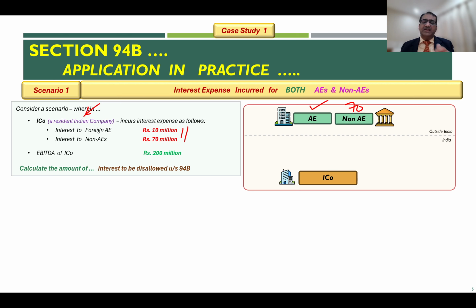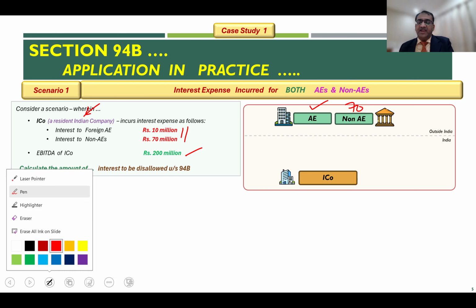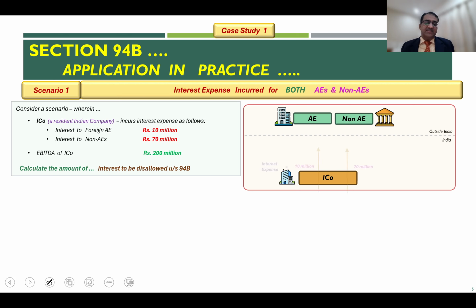Also assume that the EBITDA of the Indian company in this case study is 200 million. And we have seen Section 94B has a threshold of 30% of EBITDA from the perspective of interest deductibility. So let's see this here.